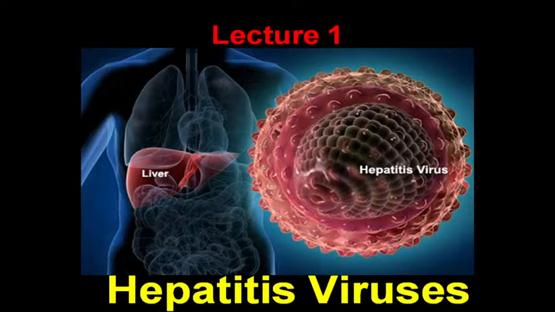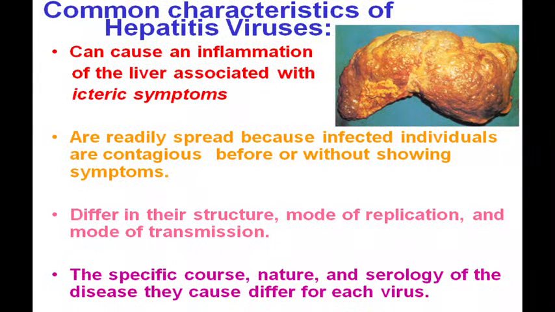But today we will be discussing not all hepatitis viruses, but only those that are parenteral hepatitis viruses. But first, what are the most common features of all hepatitis viruses, if any common features can be seen?